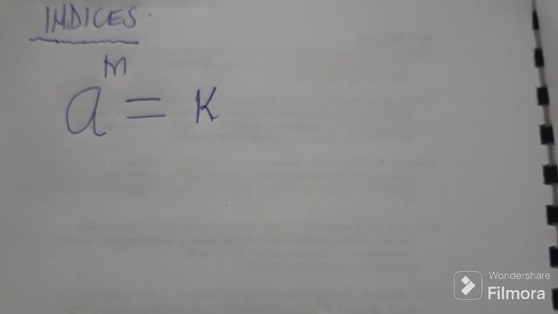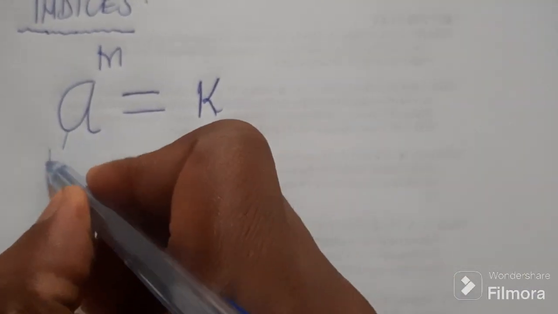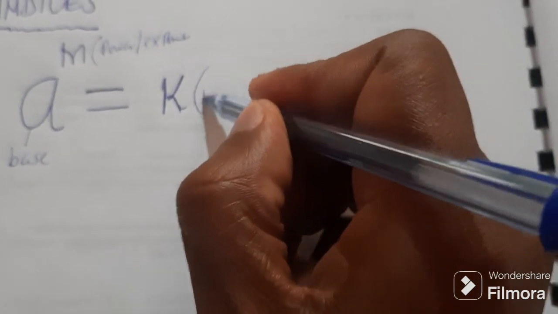Well, in this kind of expression, A forms the base. M forms what we call the power, or simply exponent. And then K forms the number.